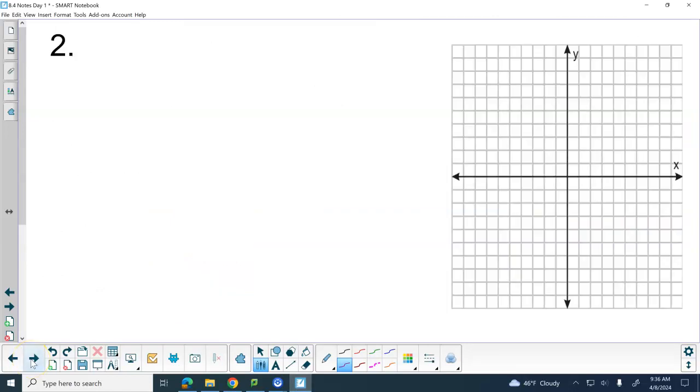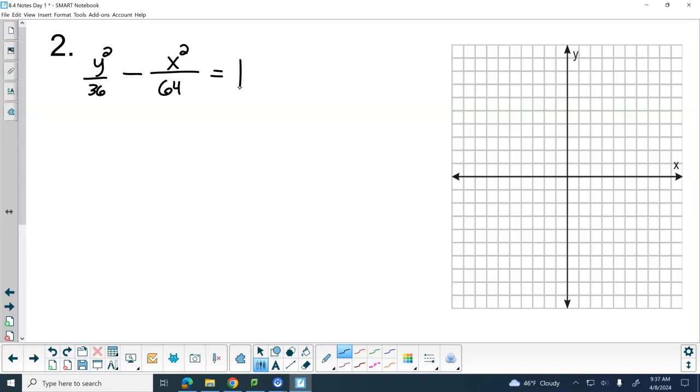Okay. So number 2 is y squared over 36 minus x squared over 64 equals 1. So first step, which way does it open? Up and down, because y squared comes first, right?